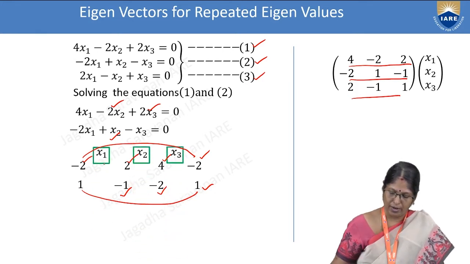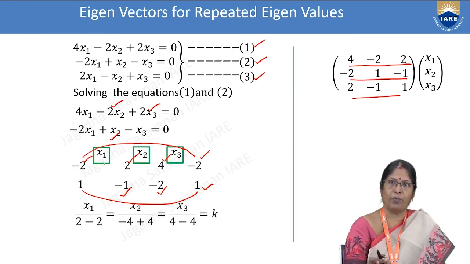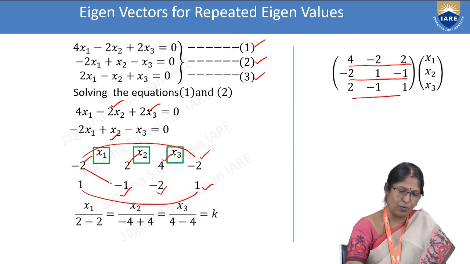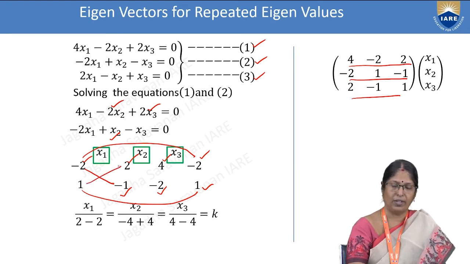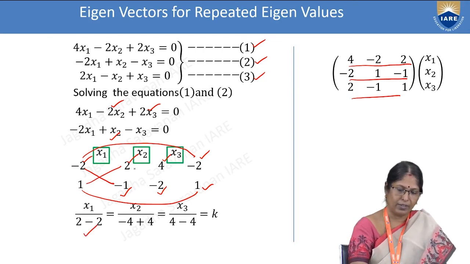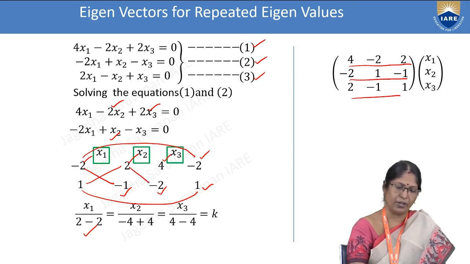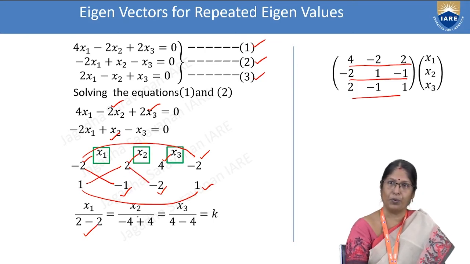Now x1 by cross multiplication. This we have to do cross, minus of this cross. That's it. Minus 2 into minus 1, 2. Minus this 1 into 2, 2. We got it. Next, this multiplication: 2 into minus 2, minus 4.